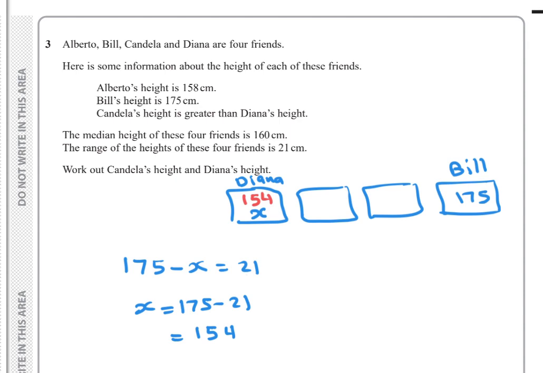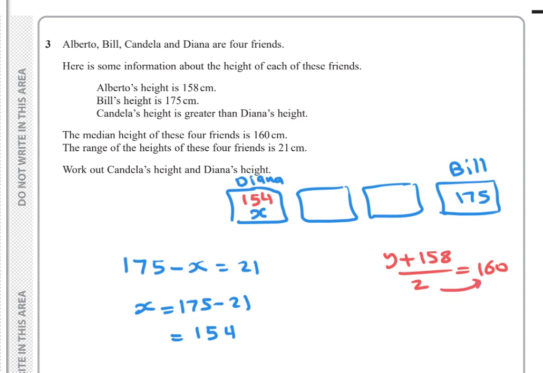We have the median 160. The median is the middle value. We have two values in the middle, so add them and divide by 2. One of them is 158, and for the other, we consider that the height of Candela is y. So (y + 158) divided by 2 equals the median, which is 160.